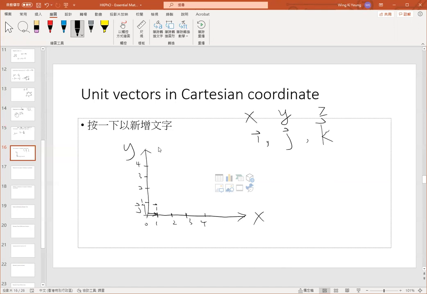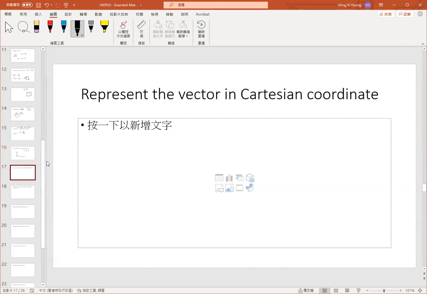Okay. So why do I need to introduce this one? Because after introducing the unit vectors in the Cartesian coordinates, we can represent the vectors in Cartesian coordinates using i and j. So still using the two-dimensional coordinates. So let's say here is a point with the coordinate 4, 3.